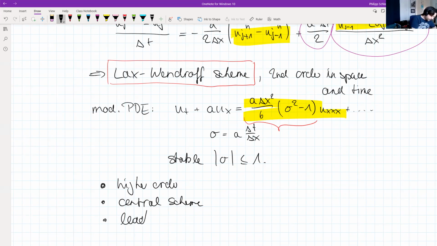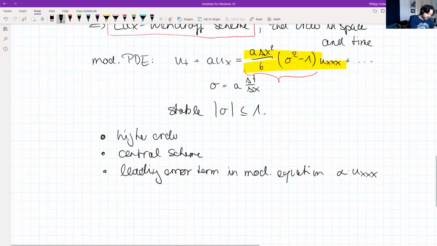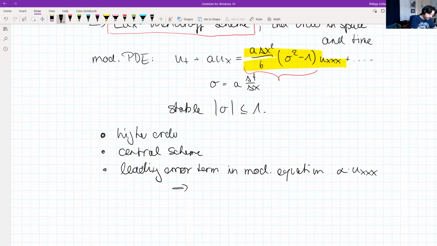The leading error term in the modified equation is some coefficient alpha times uxxx, a third derivative. And that gives rise to something that we call a dispersive behavior.